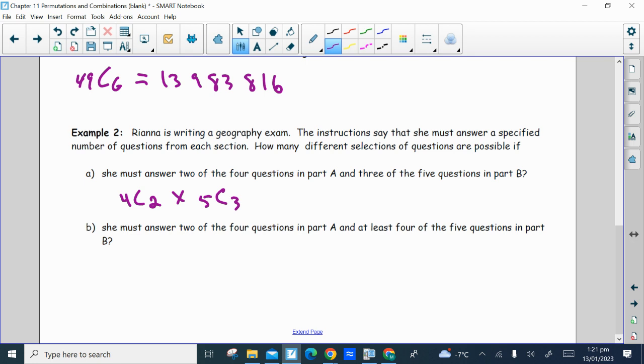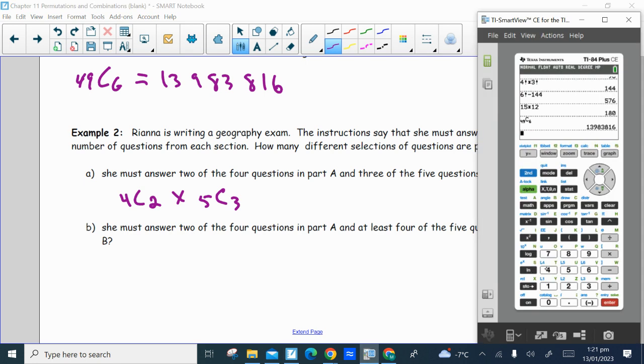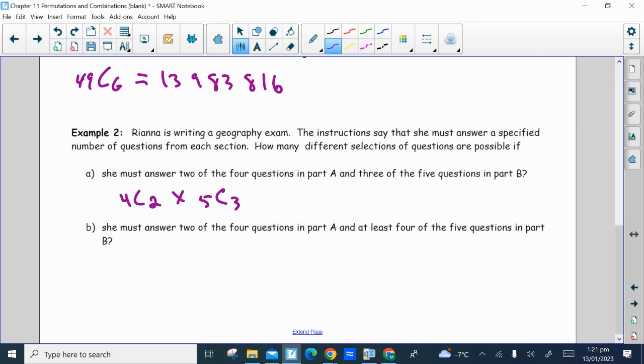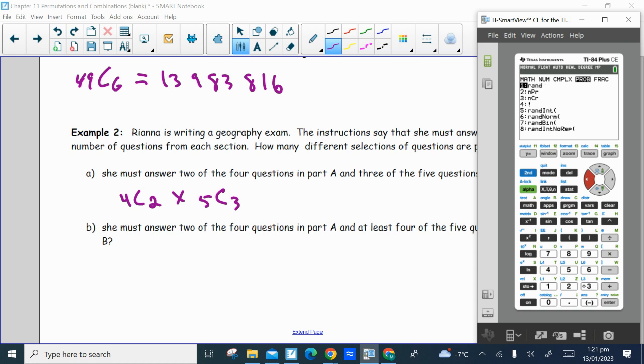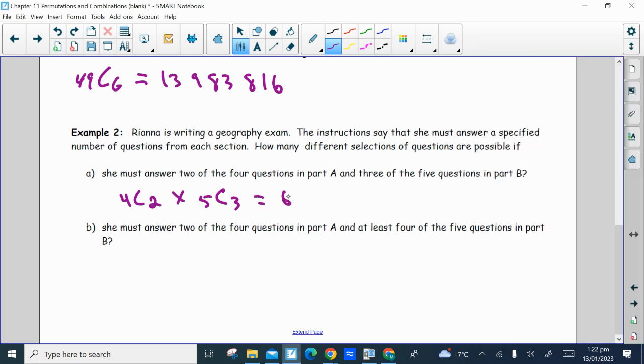Where you have 2 different cases and you're selecting a certain number from each case. 4C2 times 5C3 gives us a total of 60. So that's how many different ways she can choose to do these questions.